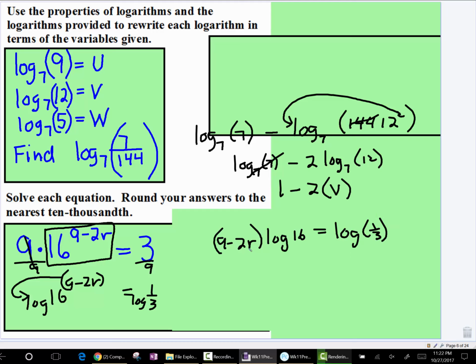Well, we want to get this r by itself, so this log 16 is attached by multiplication. We're going to divide both sides. So 9 subtract 2r is equal to all of this stuff.